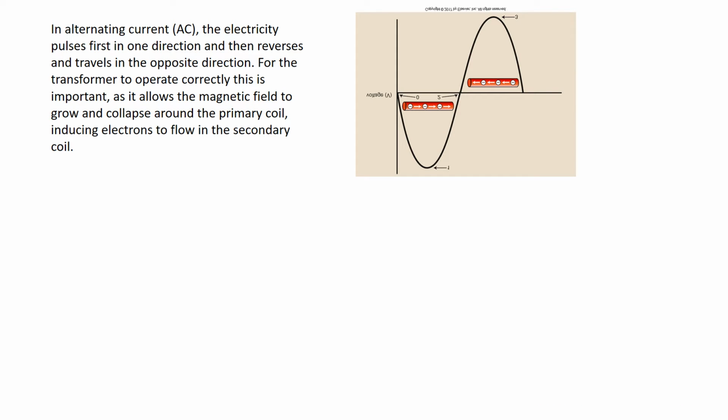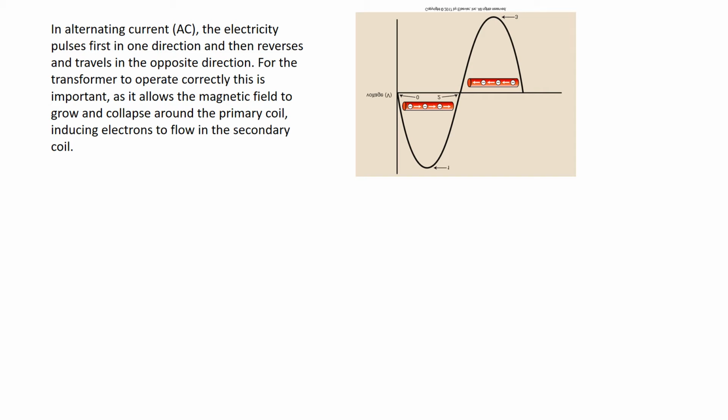Before we talk a little bit more about the individual type of rectifier, I want to make sure that you understand what is happening with alternating current as far as a diagram is concerned. In alternating current, or AC, the electricity, remember, pulses first in one direction and then it reverses and it travels in the opposite direction.